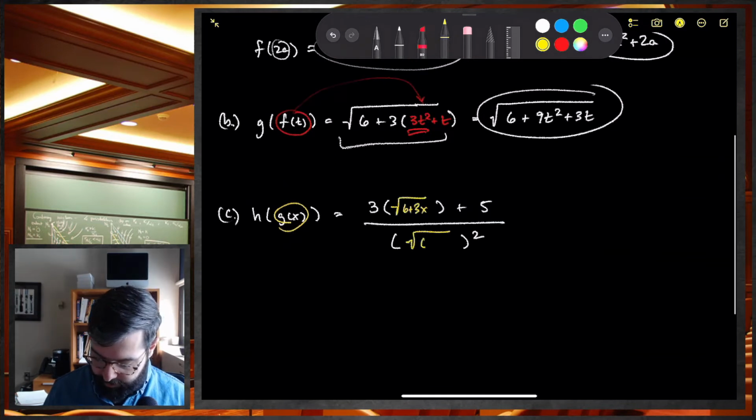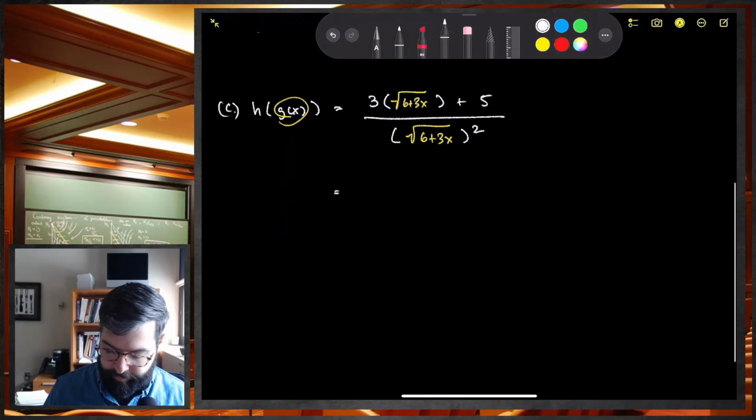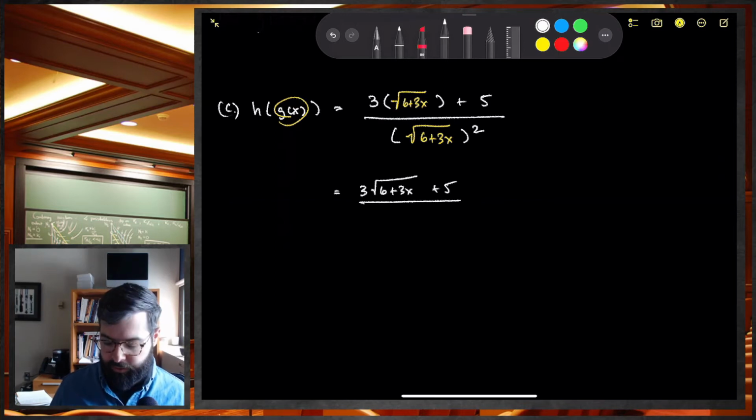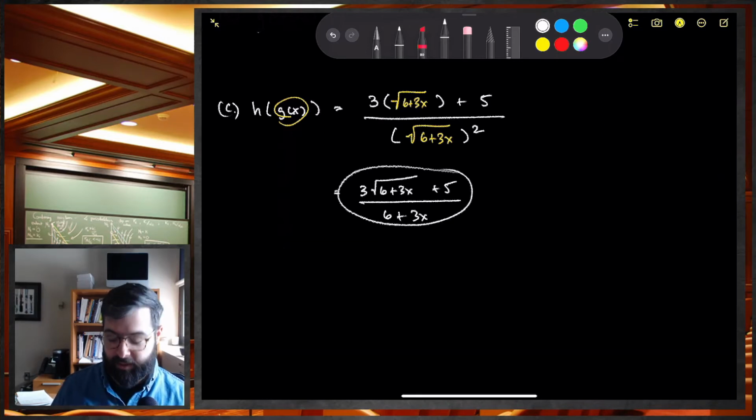Now, the biggest thing I saw on this problem were some kind of bad algebra issues. So things that kind of come from before this class, exponent rules, canceling. For example, people felt very compelled to cancel 6 plus 3x in this expression, where we should see after careful inspection that that's not the case, right?